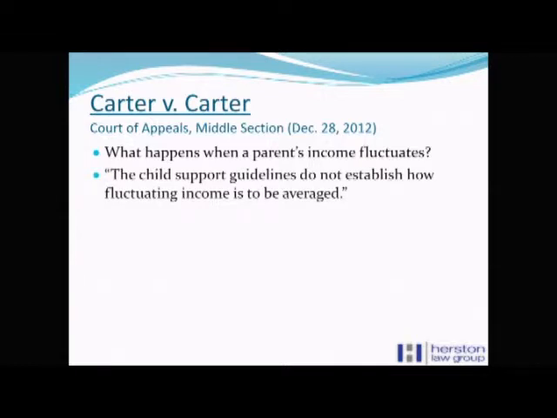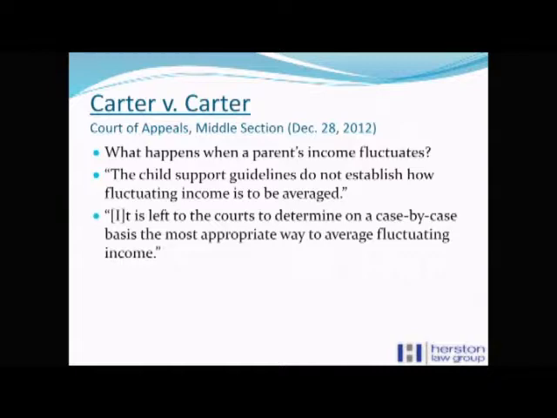Well, the Court of Appeals looks at it and notes that the child support guidelines do not establish how the trial court is supposed to calculate fluctuating income. That being the case, the trial courts are left to determine on a case-by-case basis the best way to average fluctuating income. And here we had a court that decided on an even number of years for both calculations.